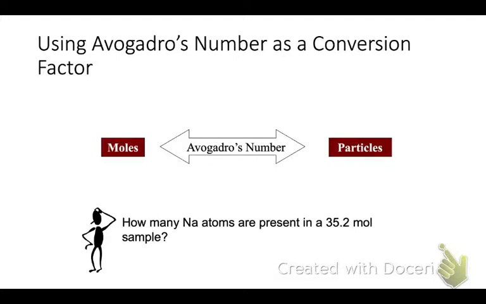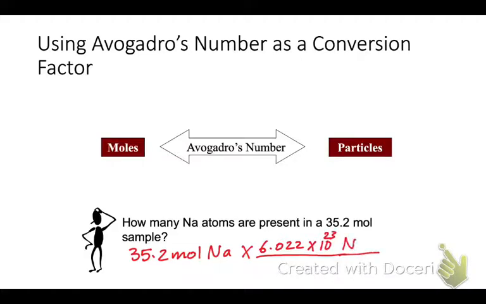One more time. What we do, we're going to start with 35.2 mole of sodium, and I'm going to convert that with a conversion factor into number of atoms. I'm going to say there are 6.022 times 10 to the power 23 sodium atoms for every 1 mole of sodium atoms.